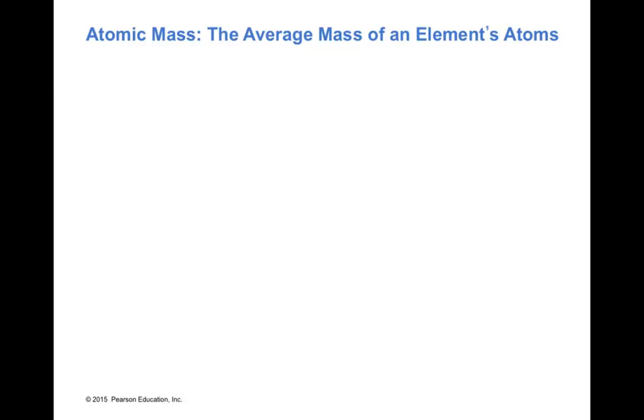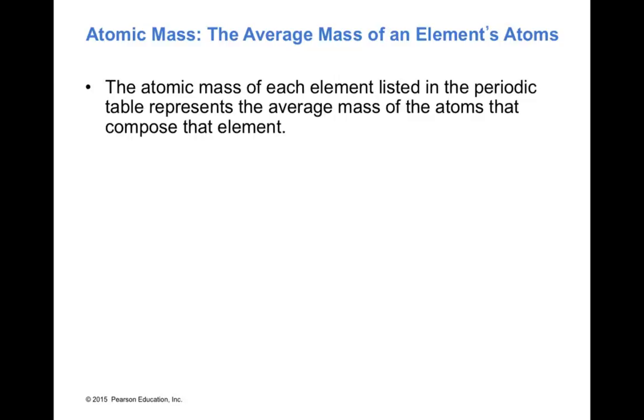Now let's talk about the atomic mass. The atomic mass of each element listed in the periodic table represents the average mass of the atoms that compose that element. Remember that when we talk about the atoms, we are talking about the isotopes.